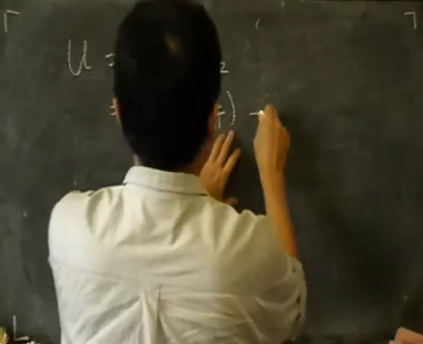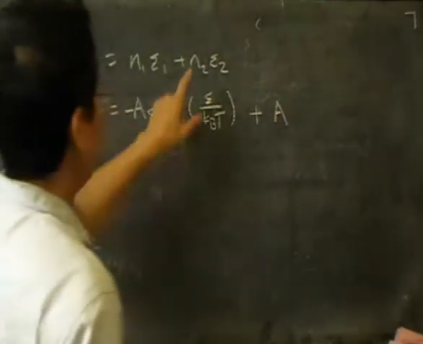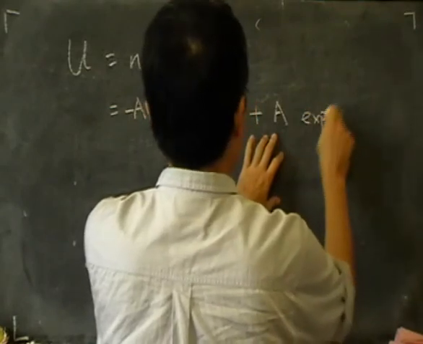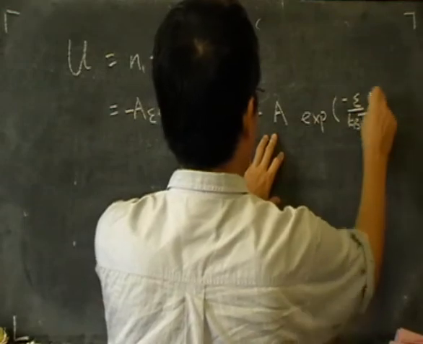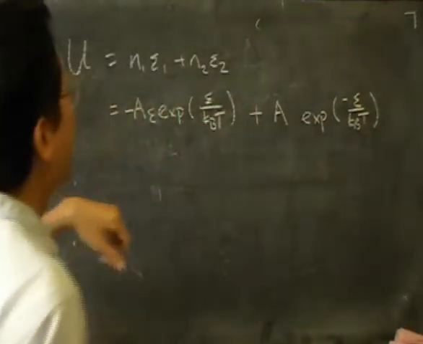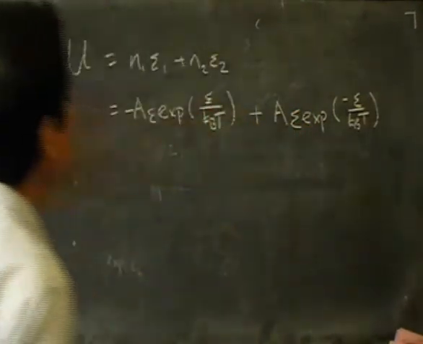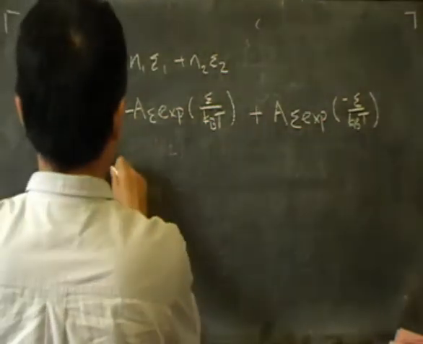So that's what we have. And N2 is A exp minus epsilon over k_B T, and E2 is epsilon. So that's that, right?